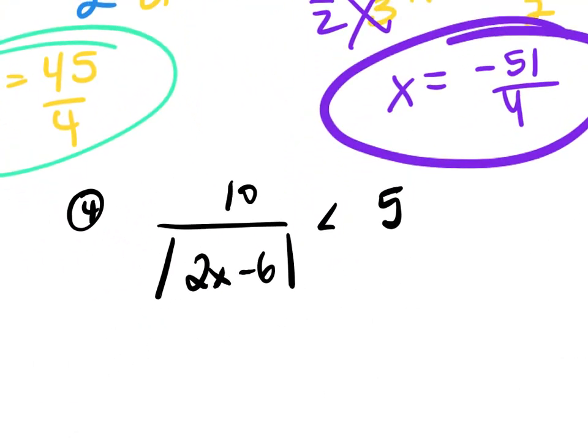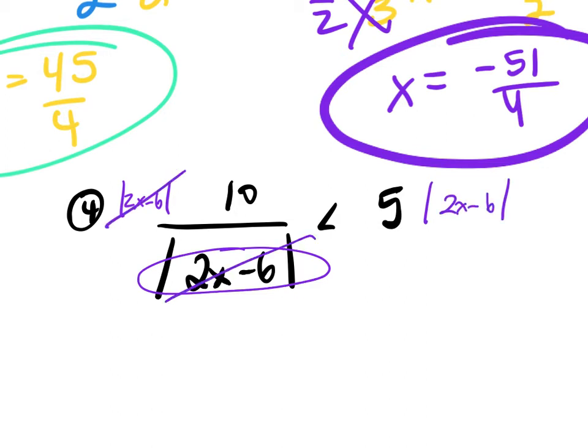I need my absolute value completely by itself. So in order to do that, I have to multiply the numerator by 2x minus 6, absolute value, and the denominator and the other side, 2x minus 6. My numerator and denominator will cancel out, so I have 10 is less than 5 times the absolute value of 2x minus 6.